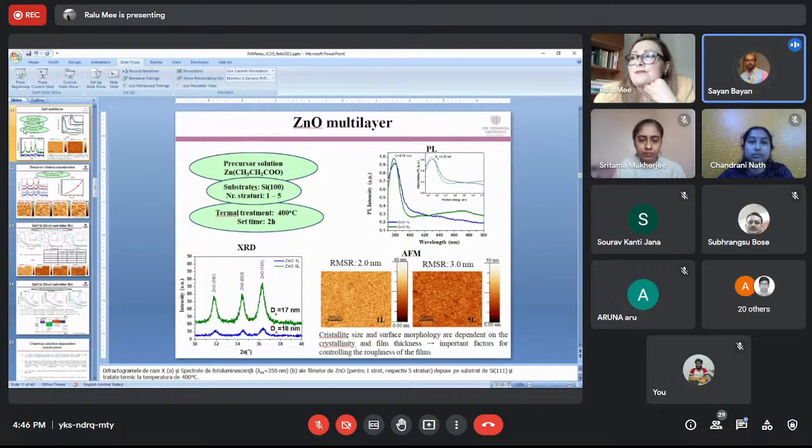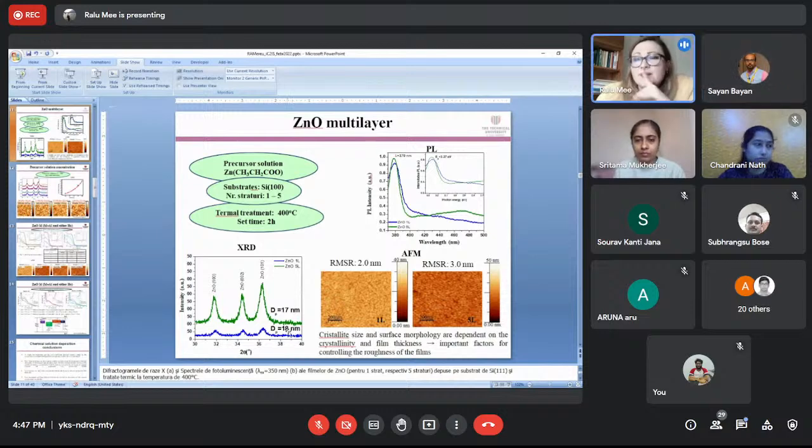Smaller nanoparticles have a higher surface to volume ratio, and hence higher defects. So it was really interesting to observe higher defect concentration for this five layer sample.